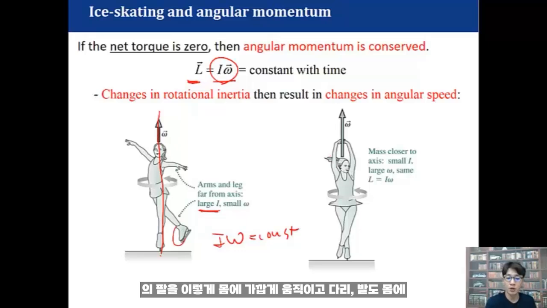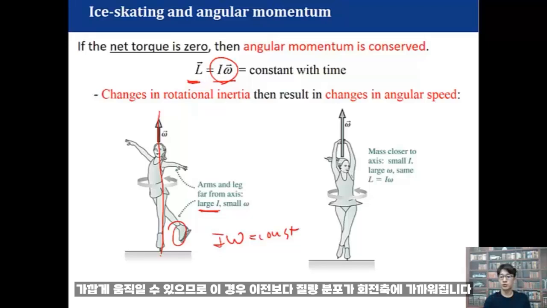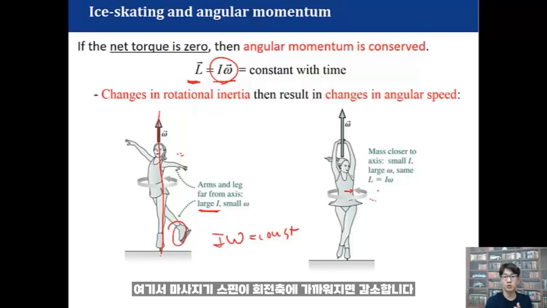And also her foot close to her body, so that the mass distribution is now closer to the rotational axis than previously. In this case, the mass distribution is closer to the axis of rotation, then I will decrease, right?